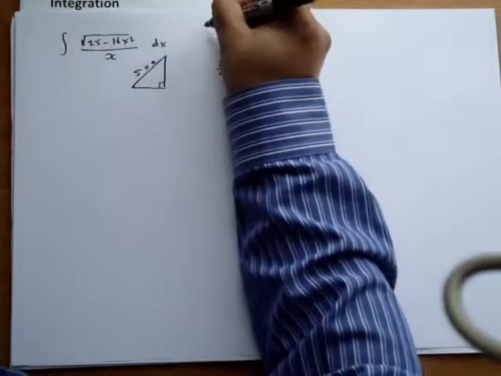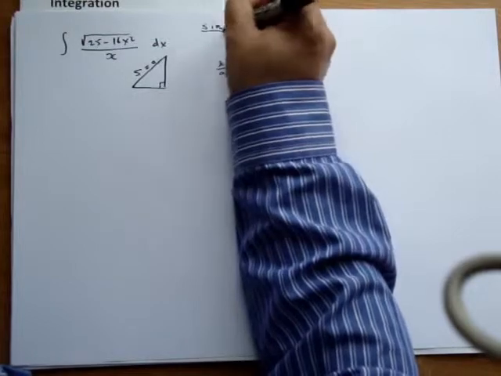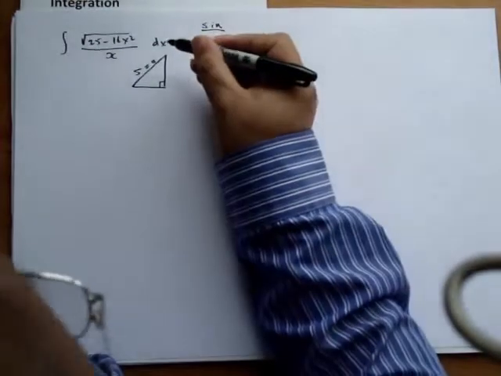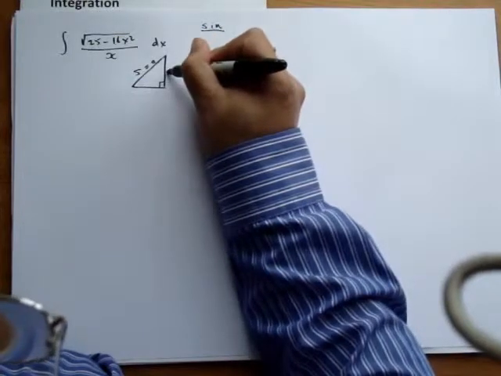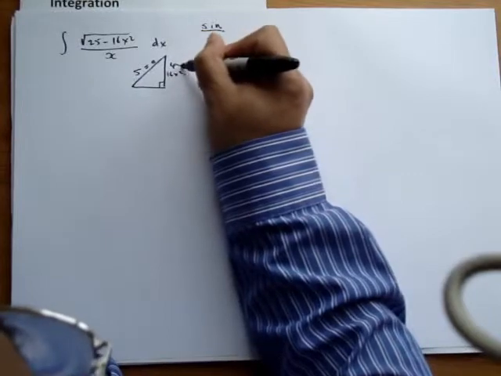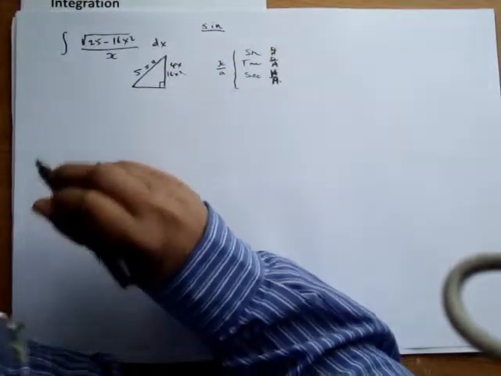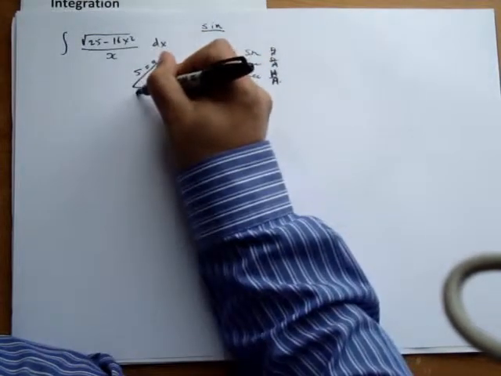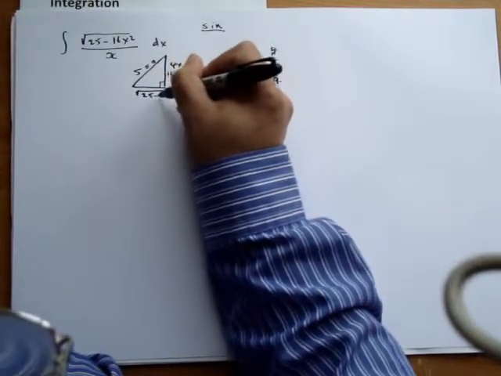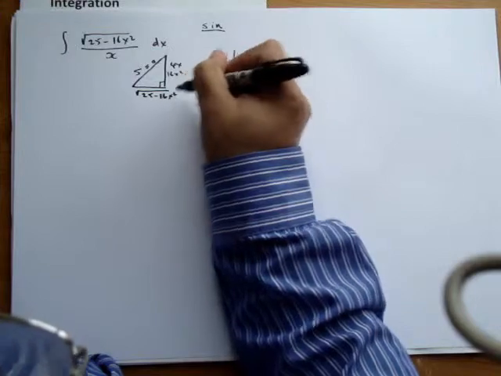So we're going to use sine substitution. So this is the 16x squared, or 4x, and this leg here of the triangle will be the square root of 25 minus 16x squared.